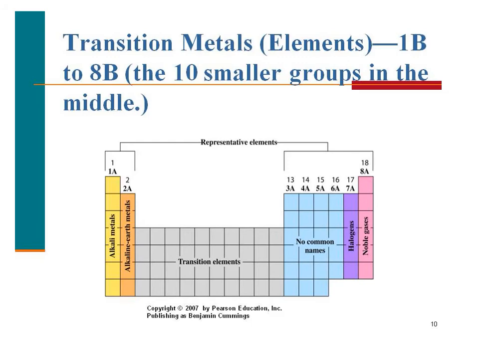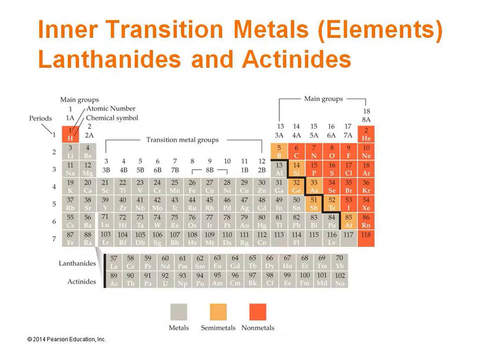In addition to those named groups, let's review a couple other terms. Remember, the transition metals, or transition elements, are groups 1B to 8B, this gray sunken group here. Let's also talk about one other group of elements that we want to name, and that's your inner transition metals. Your inner transition metals are your lanthanides and your actinides, and those are the groups that you see down here.